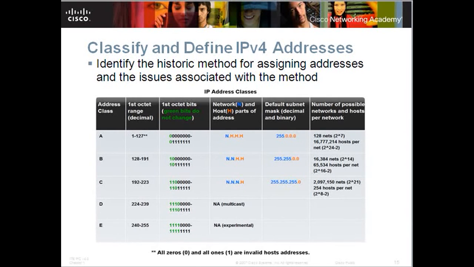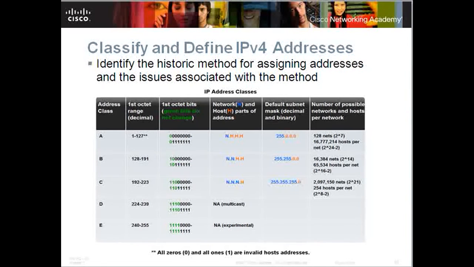So what is the classification? In Class A, the first octet is the network portion and the remaining 24 bits are host. In Class B, 16 bits are host and 16 bits are network. In Class C, 24 bits are network and the remaining 8 bits are host.